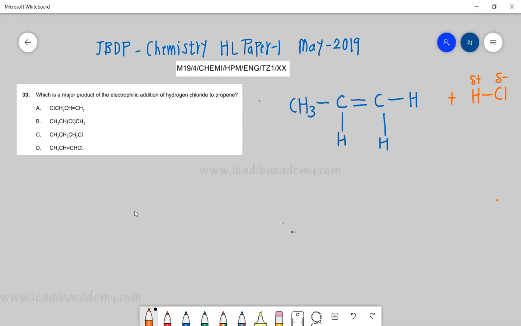In this case, these pi electrons are going to get shifted onto one of the carbon atoms. I'm just showing this carbon. There could have been another one that we'll discuss.